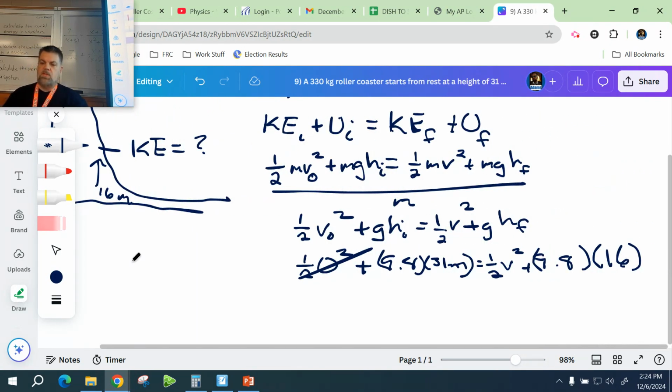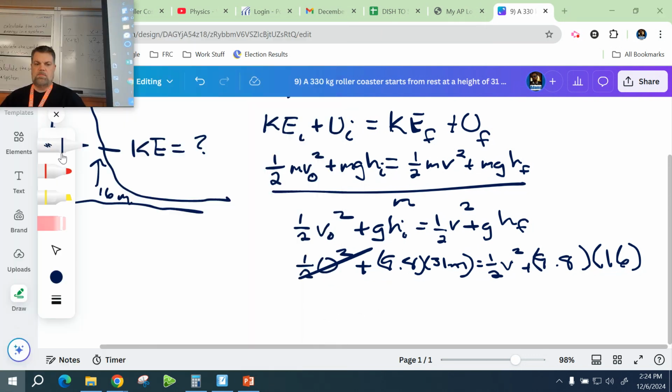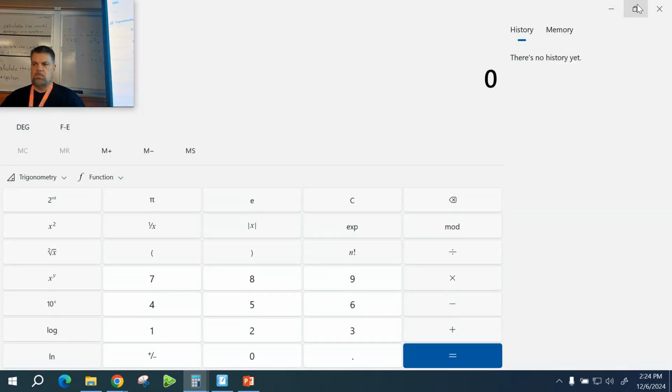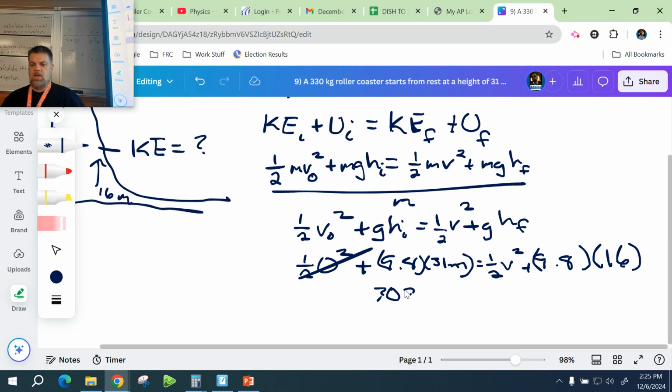Okay. So now, what's 9.8 times 31? Well, let's see. 9.8 times 31. So the initial potential energy at the beginning of this thing is 303.8 joules.